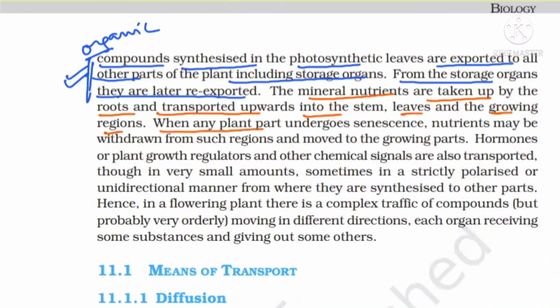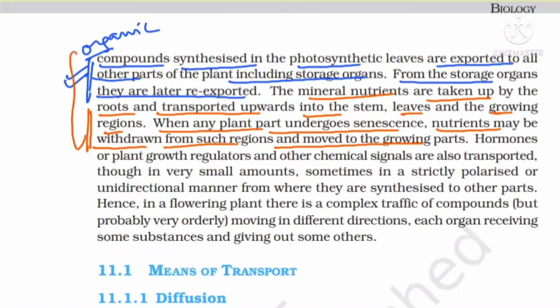When any plant part is dying, meaning undergoing senescence, nutrients may be taken from it. The mineral nutrients which are mobile will be removed from the older part, and from there they will be moved to the growing part. That is why even the mineral nutrients go for bidirectional movement.